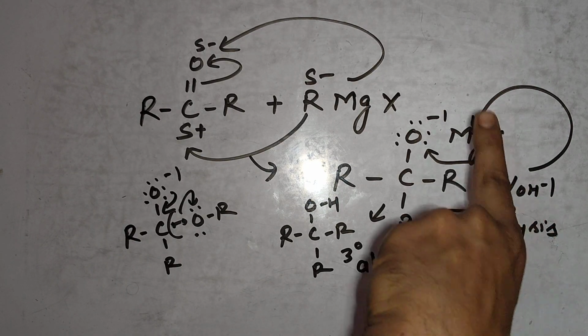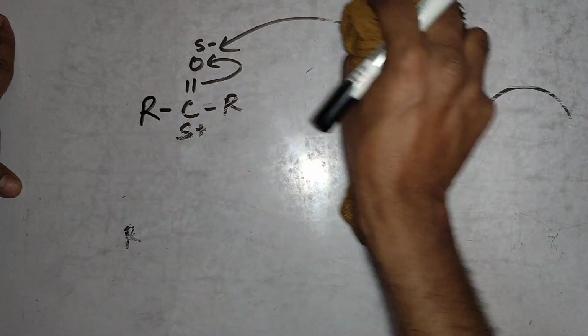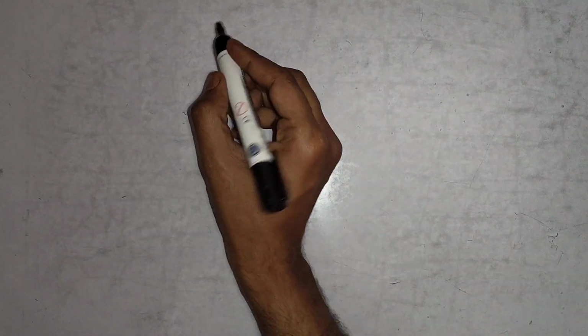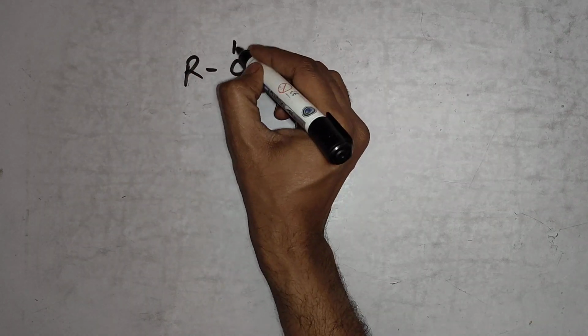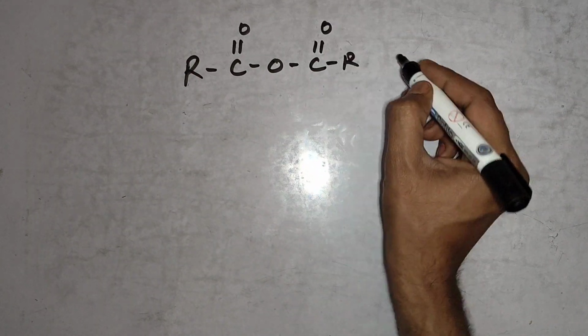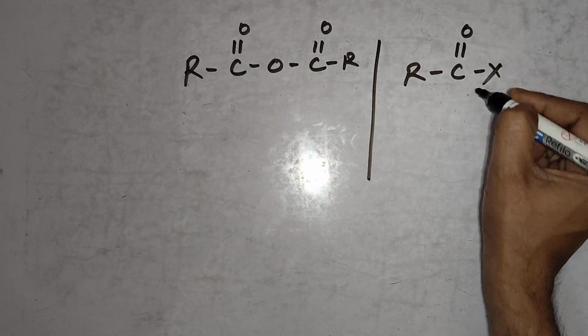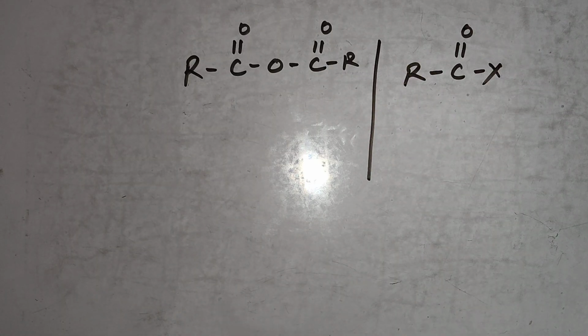Side product, basic magnesium halide. The same mechanism is there with anhydrides, RCO, and acid halides. This one, same mechanism.